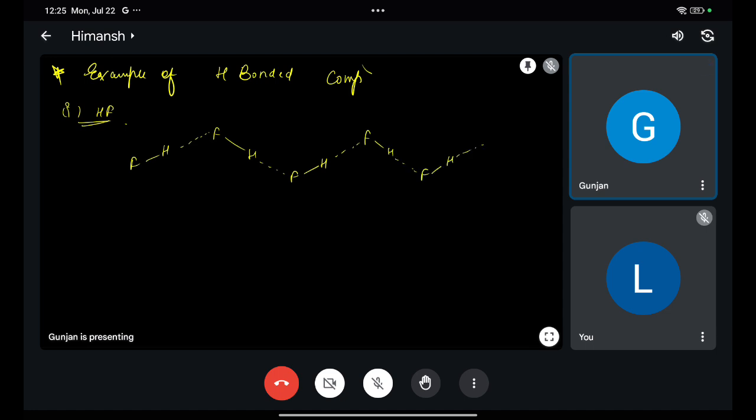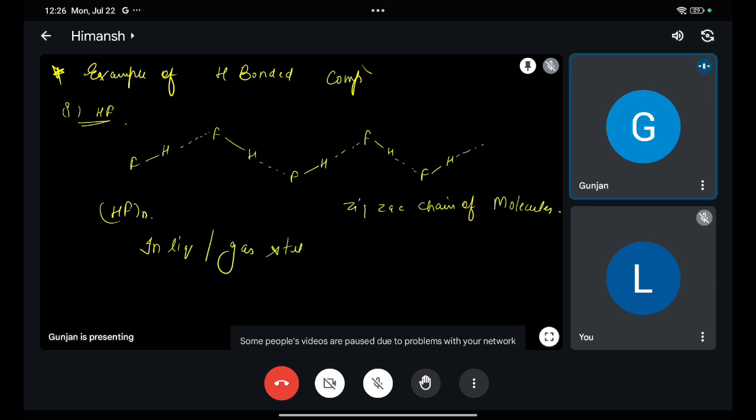So there is a zigzag chain of molecules, like (HF)n. In liquid or gaseous state, the chain becomes linear.